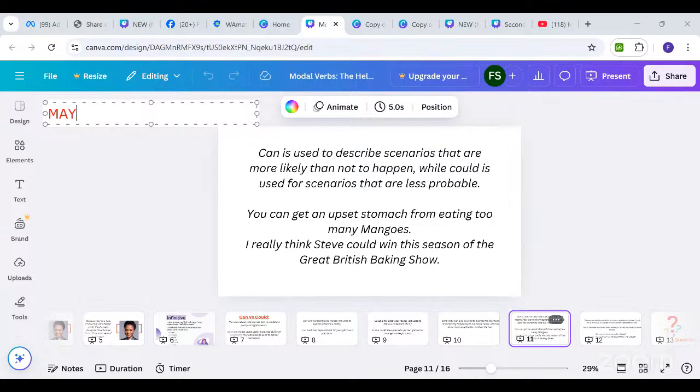While might is used for unlikely probability. The chances of it happening is really slim. Then still on may, it can be used to give or ask for permission, especially if you want to be polite. While might can be used to describe situations that did not occur. So a situation that did not occur, you can also use might.